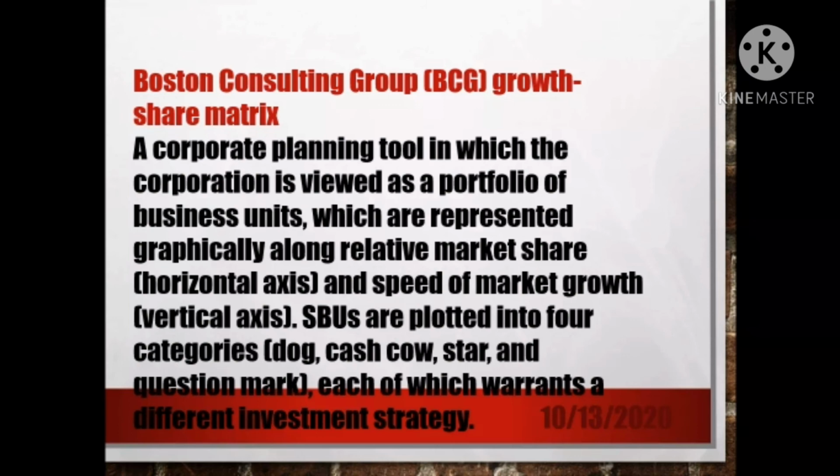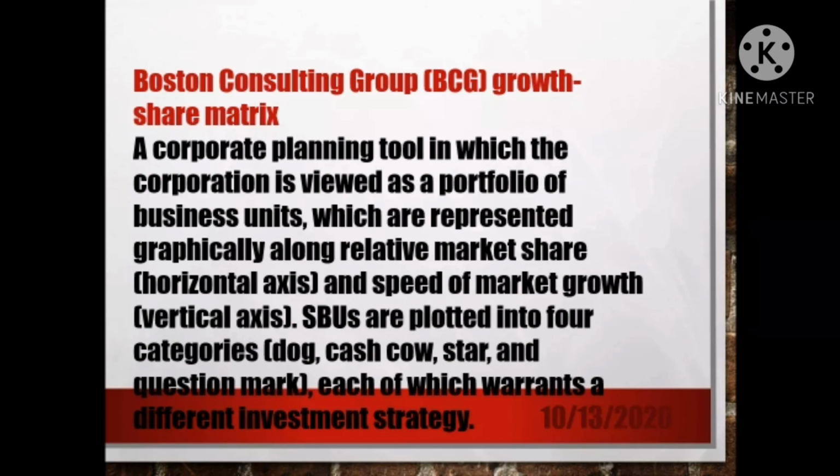This matrix locates the firm's individual SBUs in two dimensions: relative market share, horizontal axis, and speed of market growth, vertical axis. The firm plots its SBUs into one of four categories in the matrix: dog, cash cow, star, and question mark. Each category warrants a different investment strategy. All four categories shape the firm's corporate strategy.